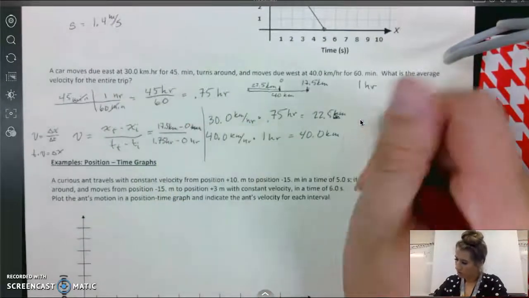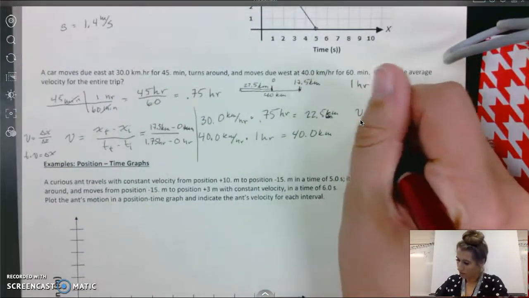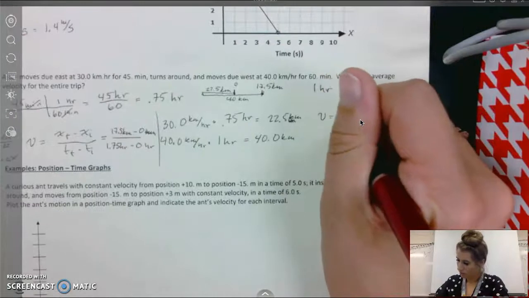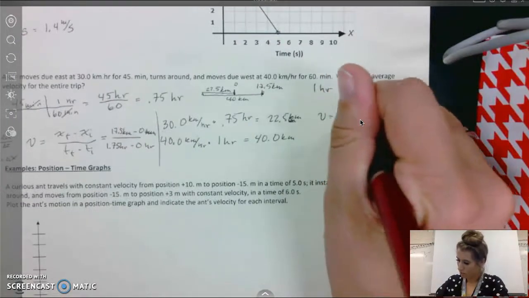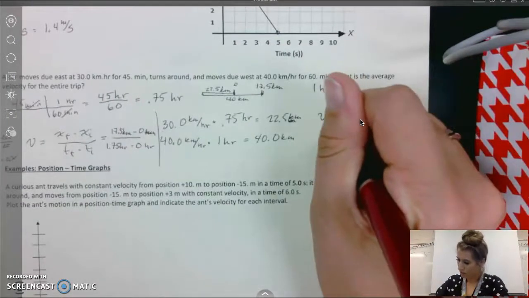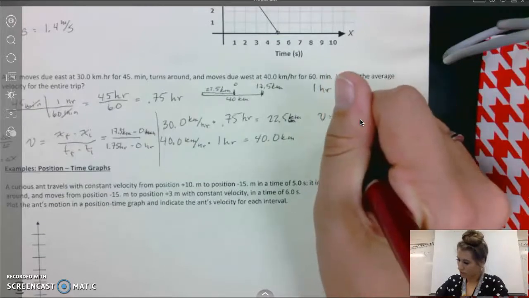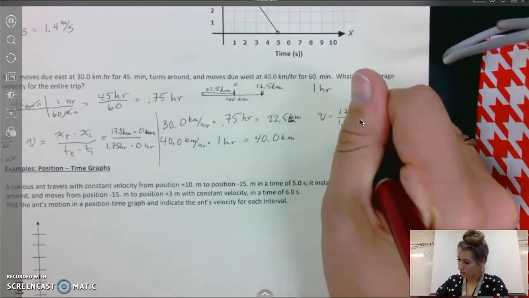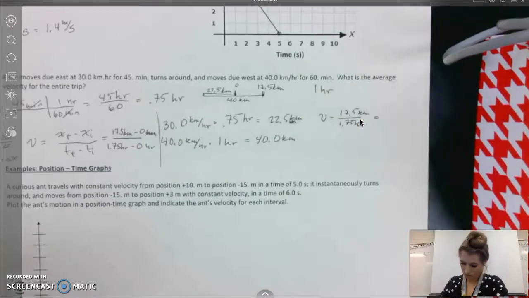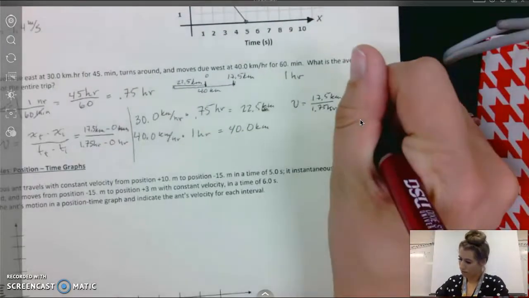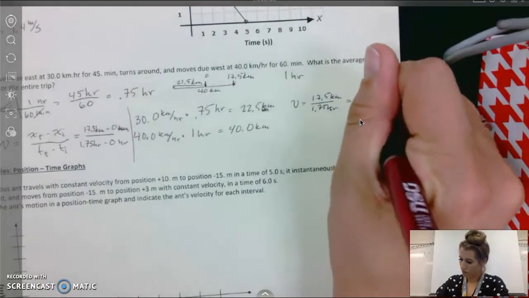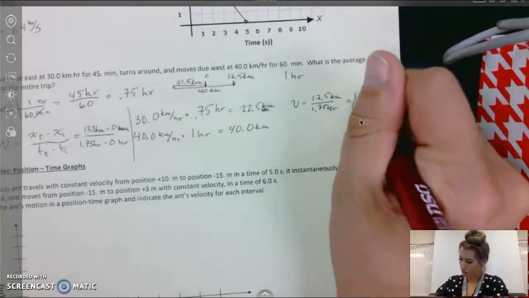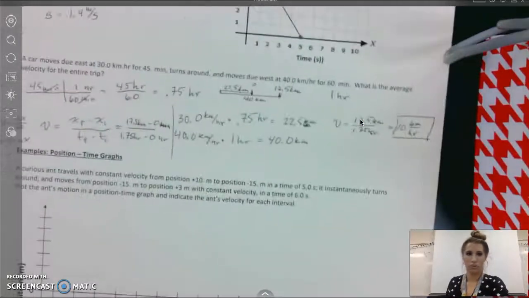Okay. So my average velocity is going to equal 17.5 kilometers divided by 1.75 hours. And so that would just be 10 kilometers an hour, and that was my average over the entire trip.